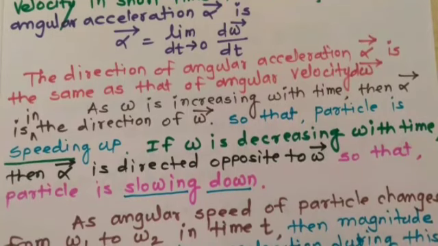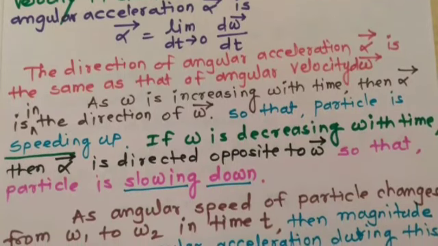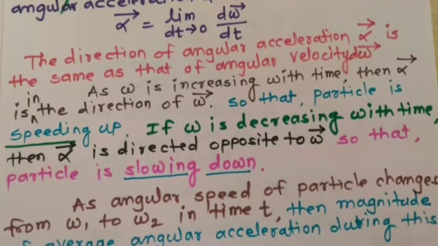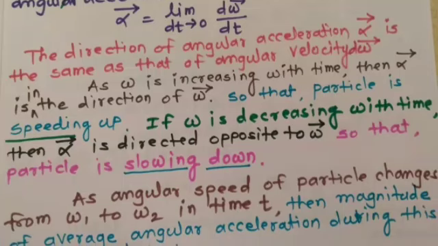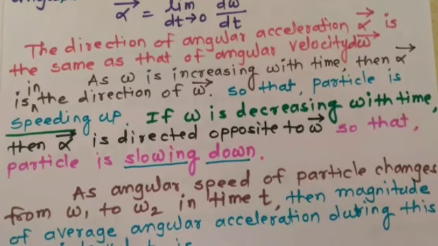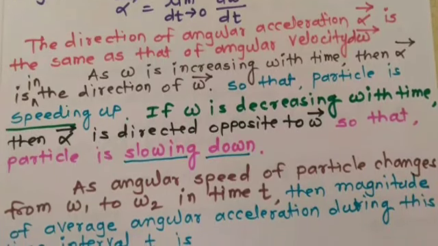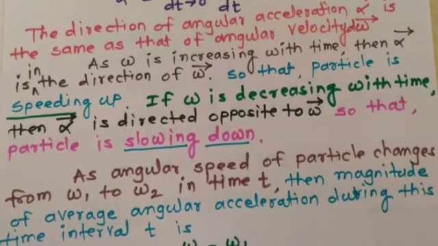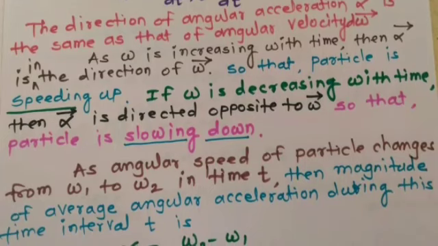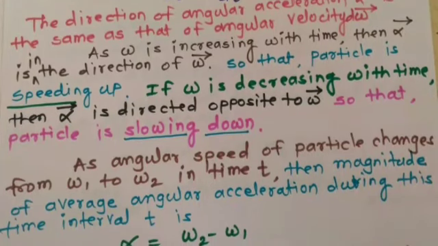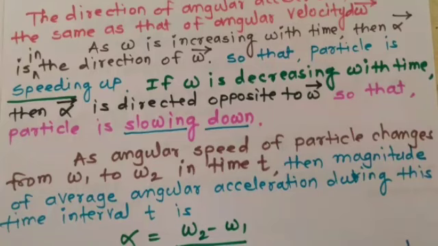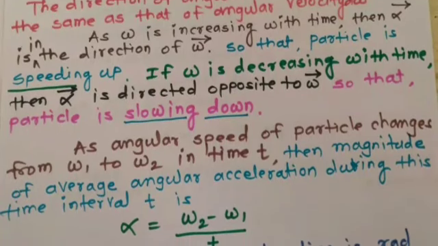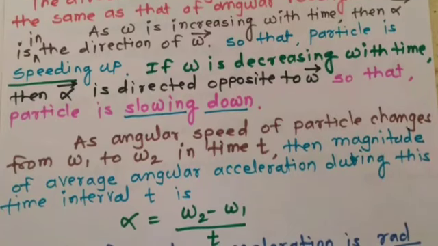As angular velocity omega increases with time, the angular acceleration vector alpha is in the direction of vector omega, so that the particle is speeding up. If omega is decreasing with time, the angular acceleration vector is directed opposite to vector omega, so that the particle is slowing down.